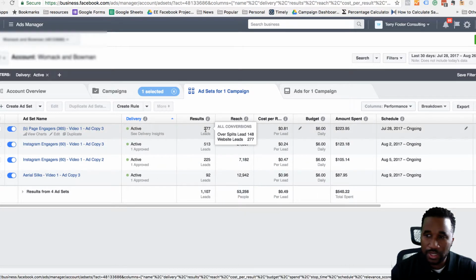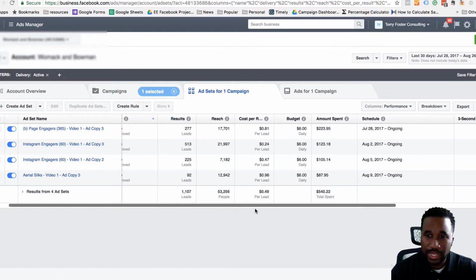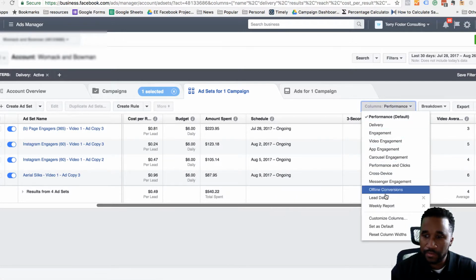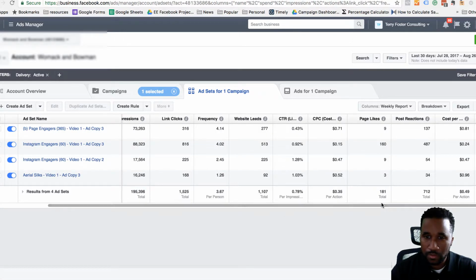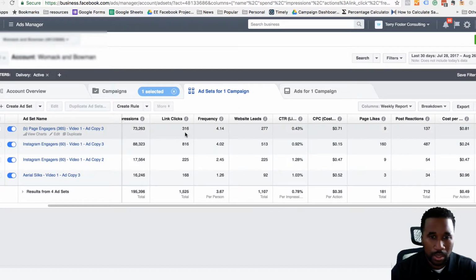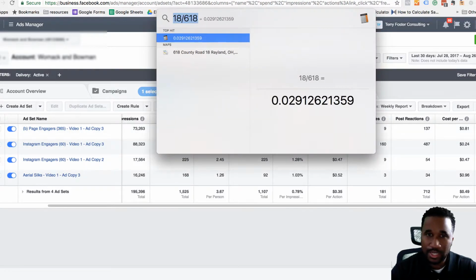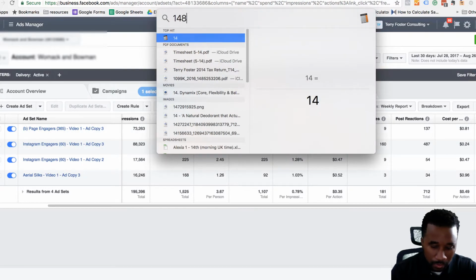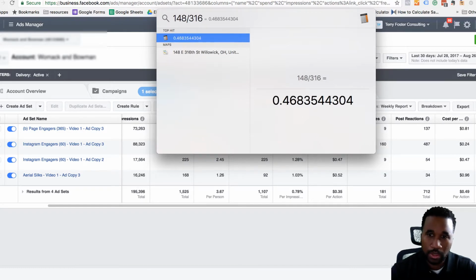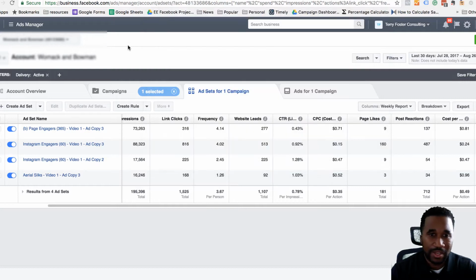So for this one, we've had 148 leads on 316 clicks. 46.8%. So we know that our landing page is converting 47%. So that's stellar. We don't need to do any work there.